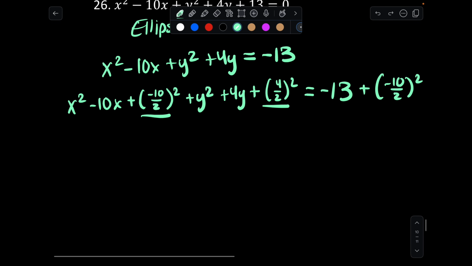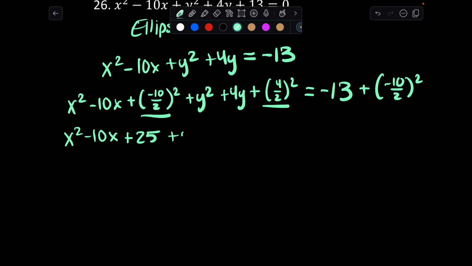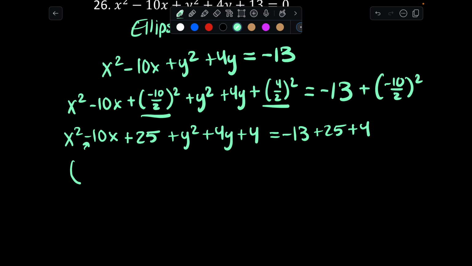All right, so what happens here is we end up with x squared minus 10x. 10 divided by 2 squared is going to be 25. And then we have plus y squared plus 4y, and then we get the 4 here. So we get negative 13 plus 25 plus 4. All right, the binomial here, we have negative 10 and then positive 25. So we'll have x minus 5 squared.